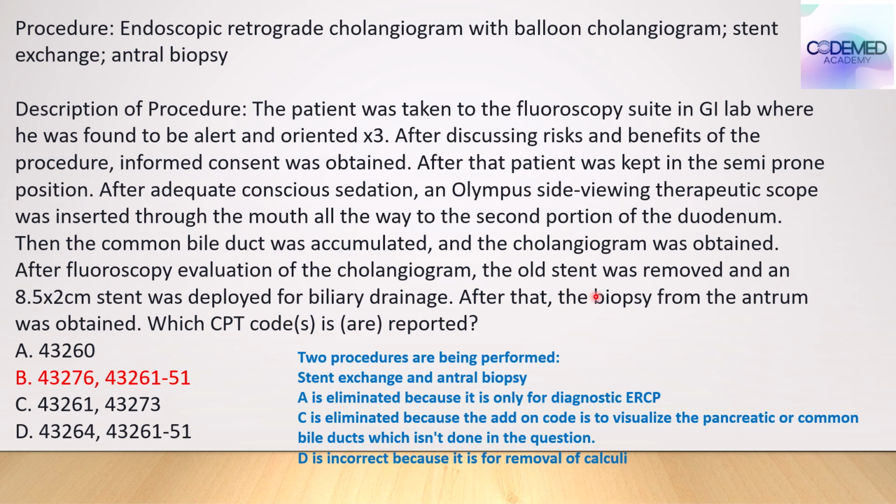What has happened is the stent wasn't working well, so they removed the stent and a new one was deployed for the biliary drainage, and after that the biopsy was also done. So we will go with the codes 43276 and 43261, and because these are two separate procedures which happened in the same session, we will write the modifier 51.